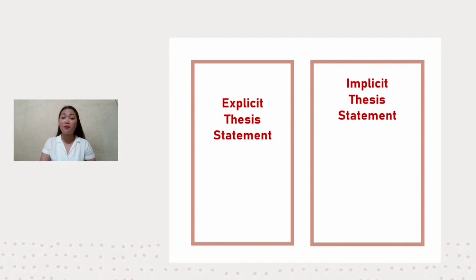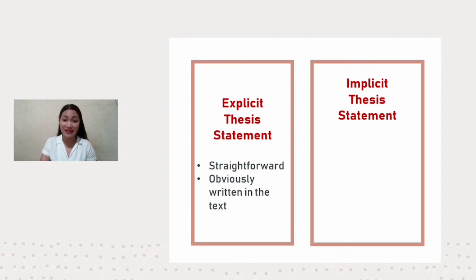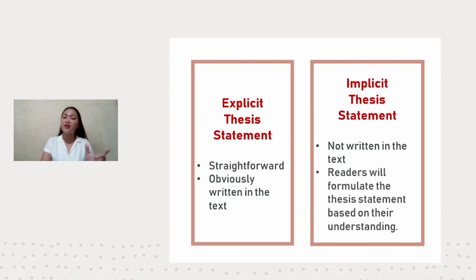Now, we have 2 kinds of thesis statement. We have the explicit and the implicit thesis statement. Explicit is straightforward and it is obviously written in the text, like those thesis statements that we can see in academic texts. While in implicit thesis statement, it's not written in the text, and readers will formulate the thesis statement based on their understanding.